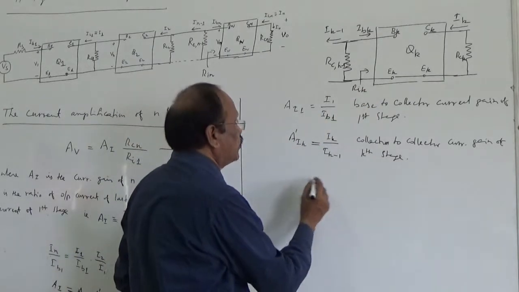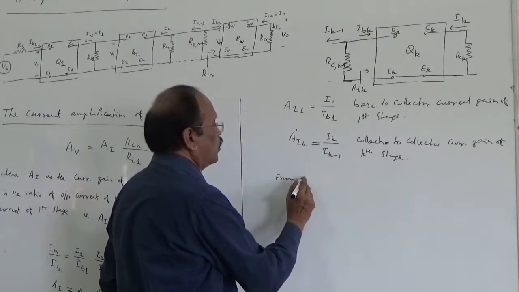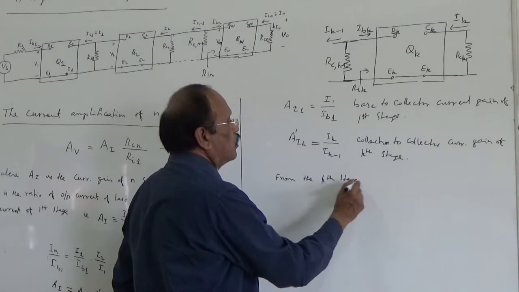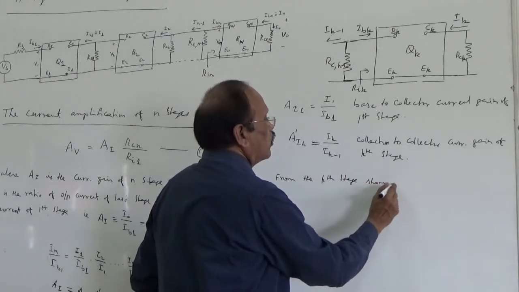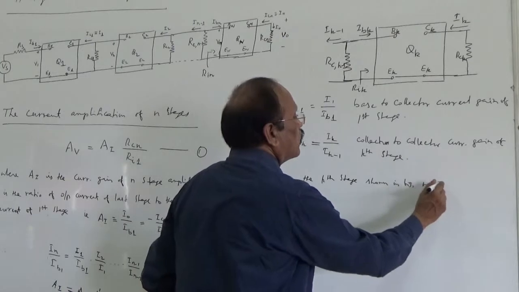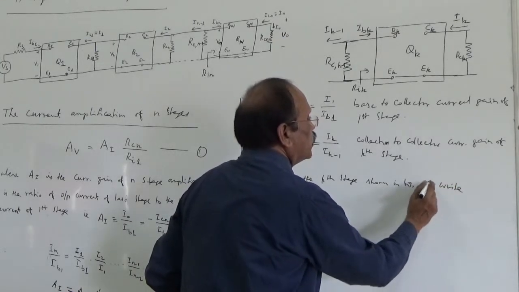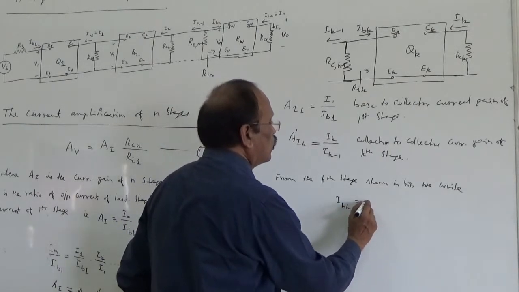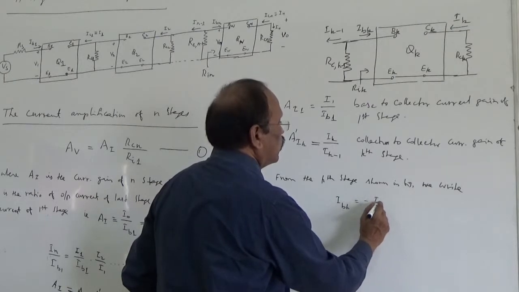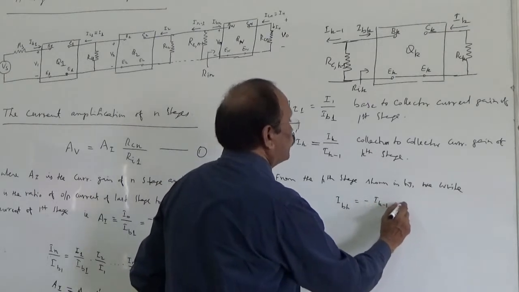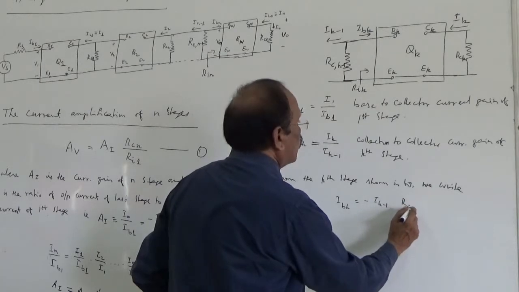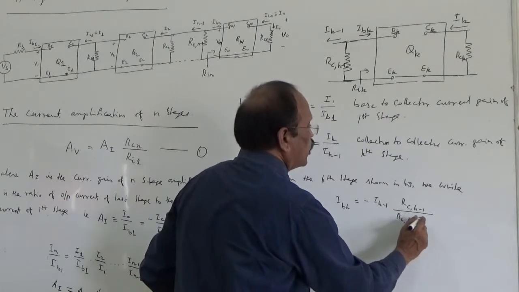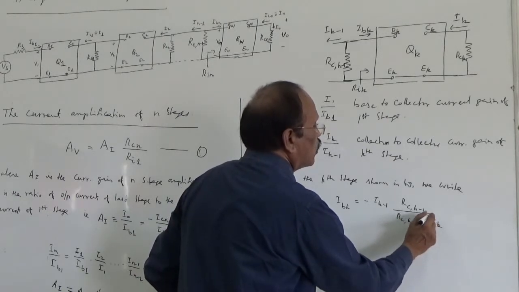As a result, from the kth stage shown in the figure, we can write IBK is equal to minus IK minus 1 into RCK minus 1 divided by RCK minus 1 plus RAK.